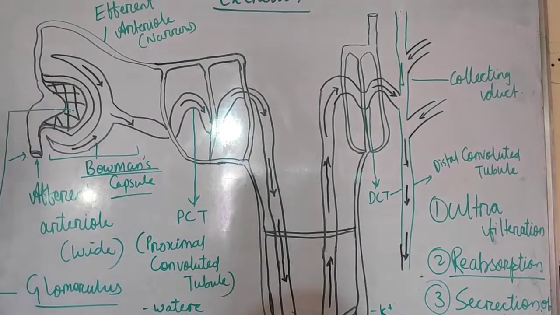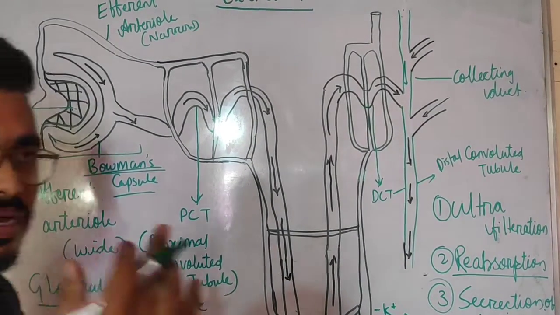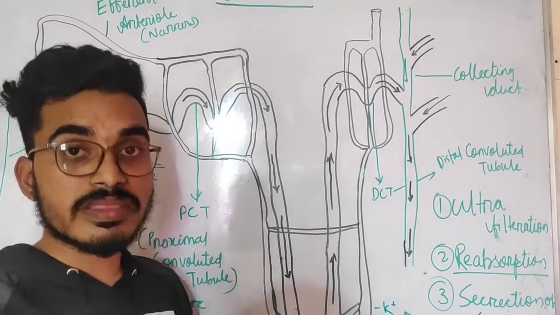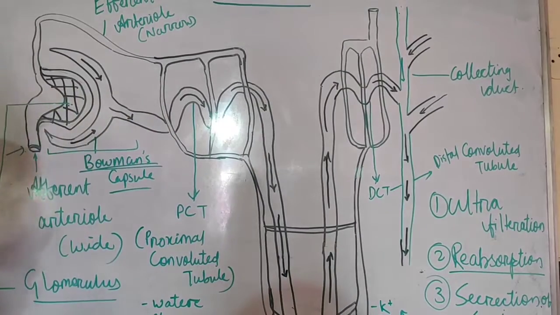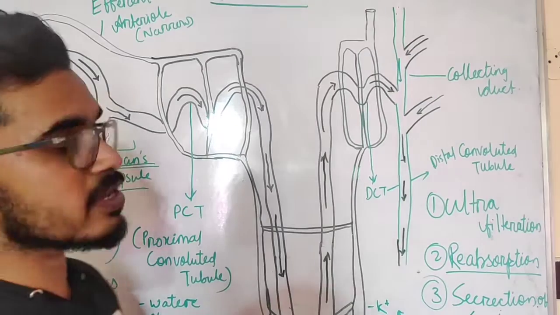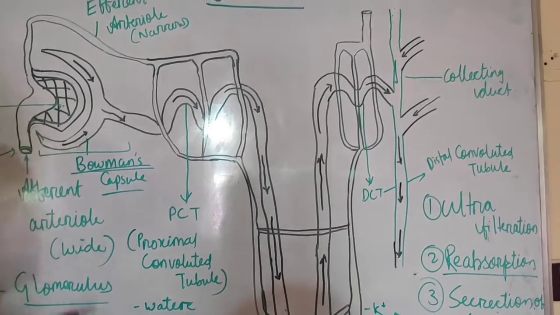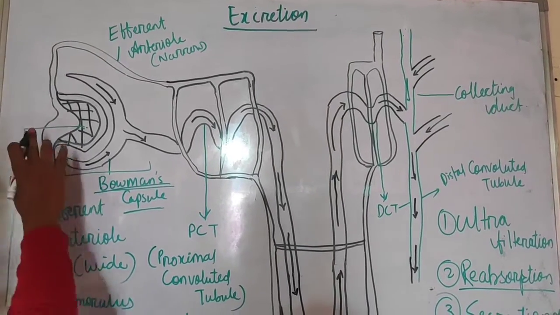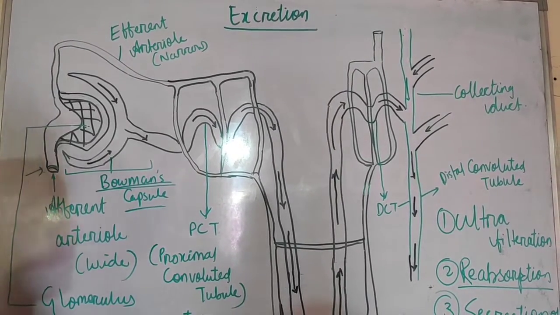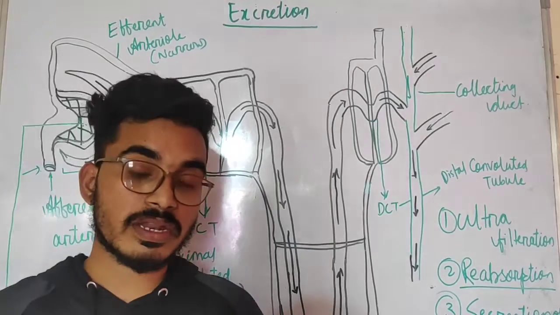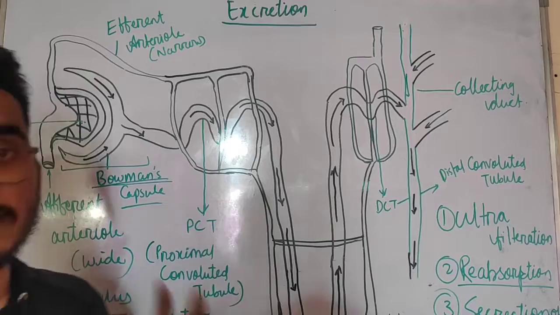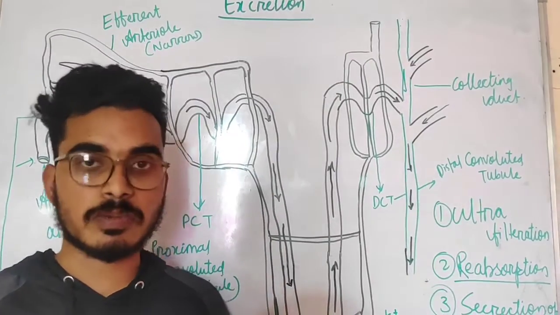Let me first make you understand the structure of the nephron. Then we can understand the functionality of the nephron. Let us move on to the structure part first. Here the renal artery basically brings down the blood which contains waste product.